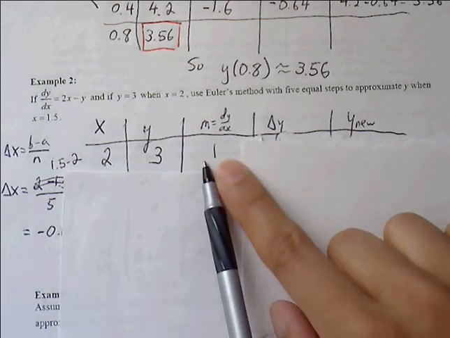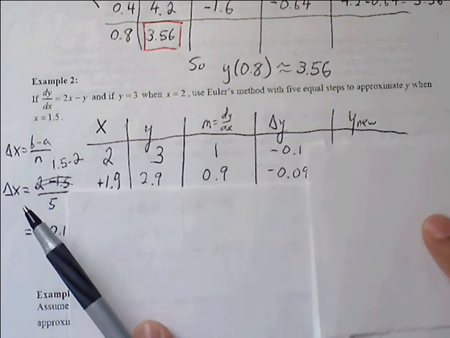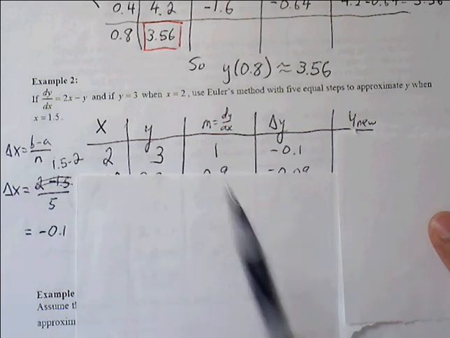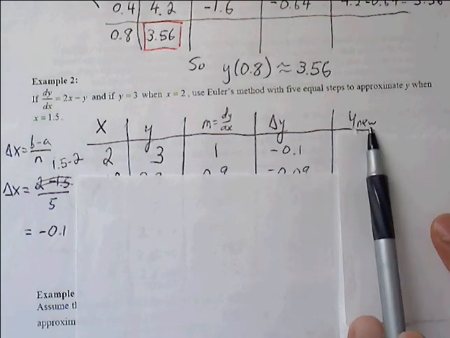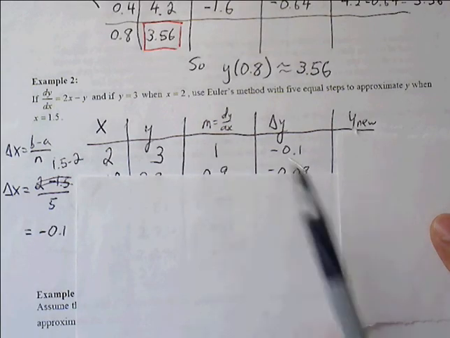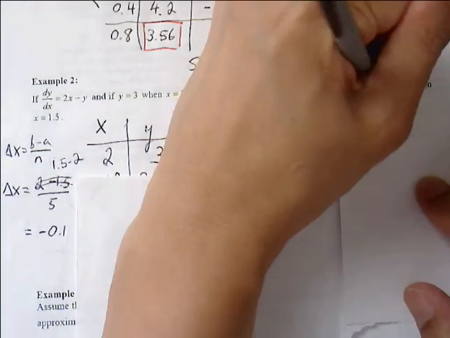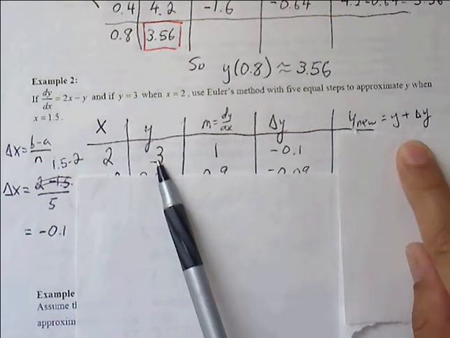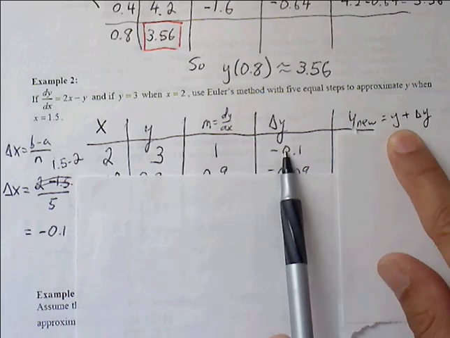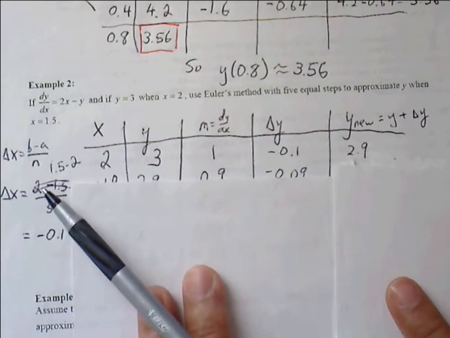So 1 times delta x, which is negative 0.1, will give us negative 0.1. And then our new y is equal to y plus delta y. So our y value is 3. Delta y is negative 0.1, so 3 minus 0.1 gives us 2.9.